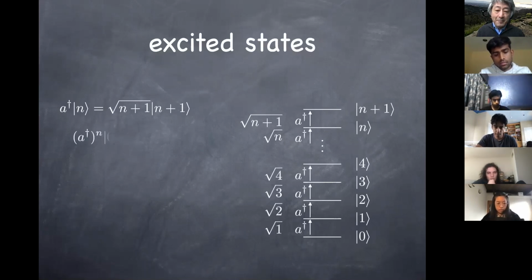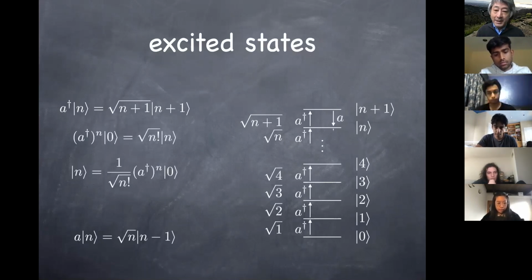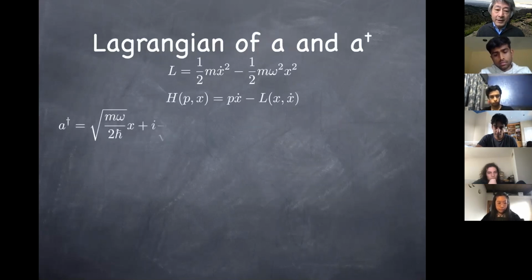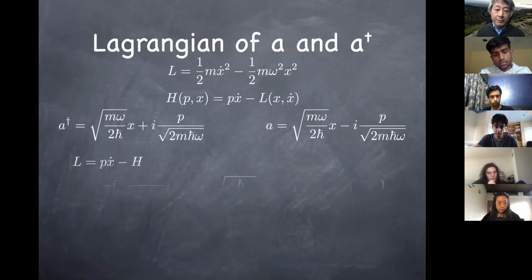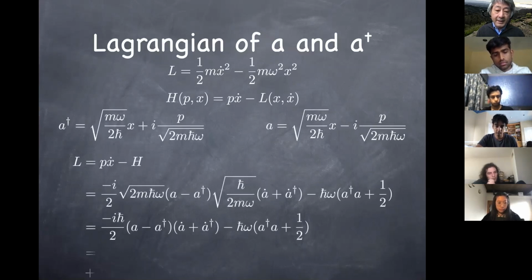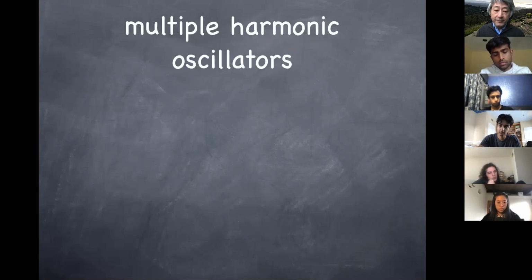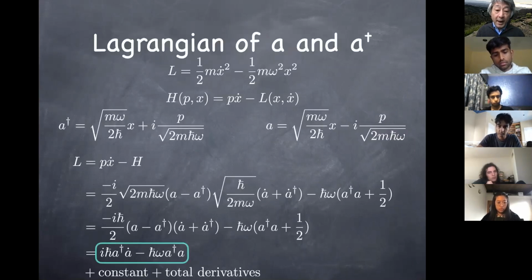Sorry, it's taking time, and now time is up, so let me finish very soon. Now that I've written the Lagrangian using A and A dagger, you can derive this canonical commutation relation right away from this. So this is the way you can write everything in terms of A and A dagger without ever going back to X and P anymore.